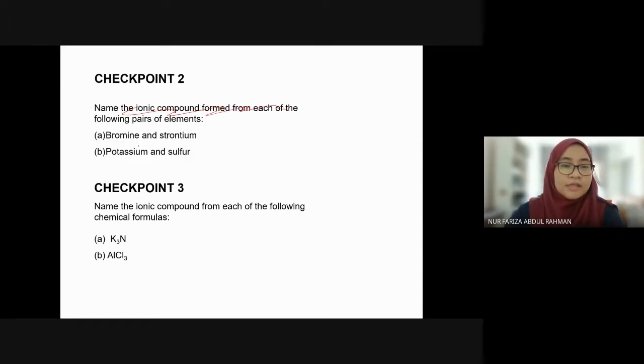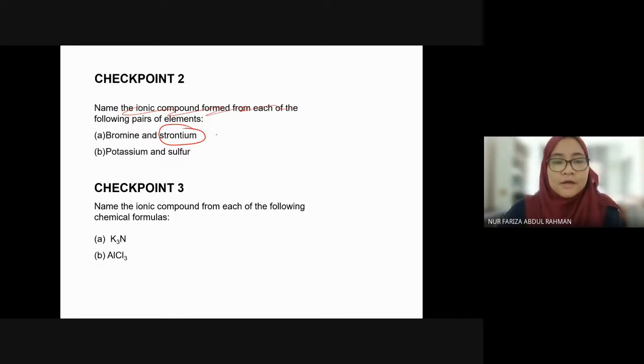We know this is an ionic compound because of the presence of this element from group 2. This is a metal, to be specific an invariant charge metal. Strontium comes from group 2.